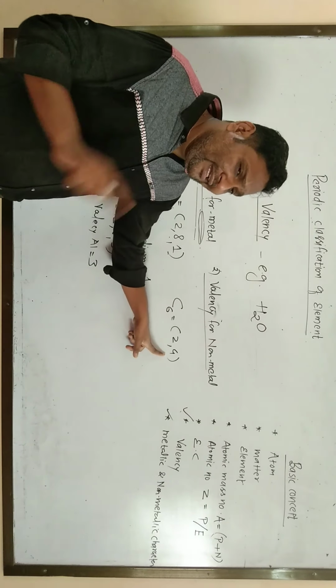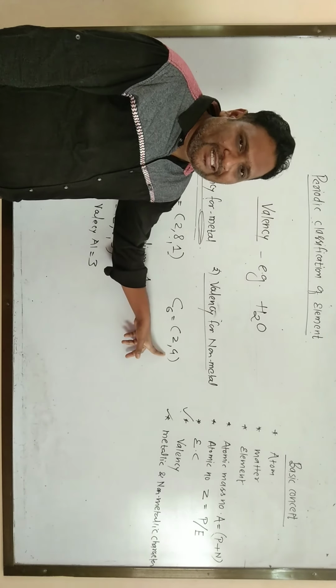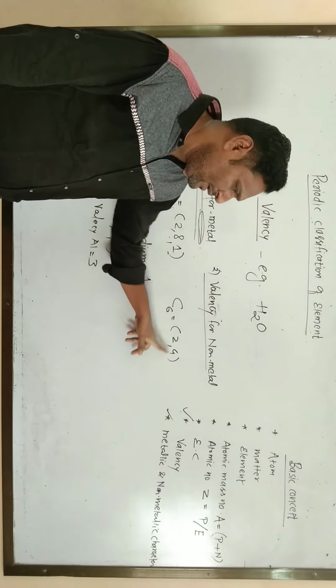So how many electrons does carbon require? 4. It means that the valency for carbon is 4. Take another example, fluorine, F 9.